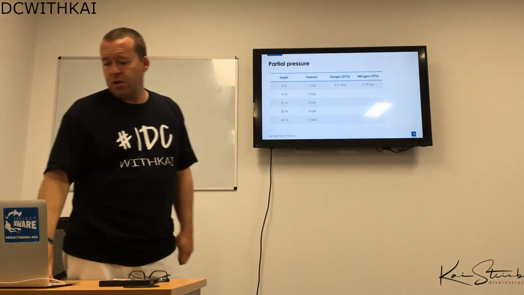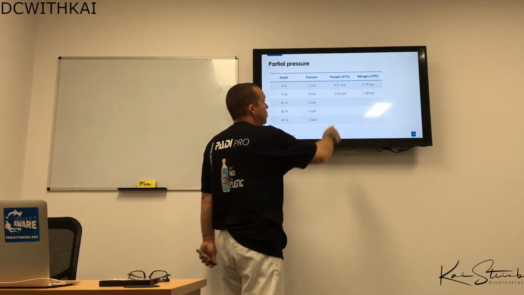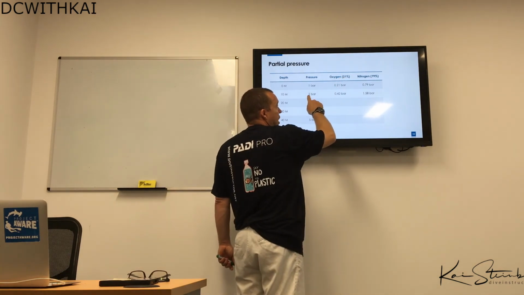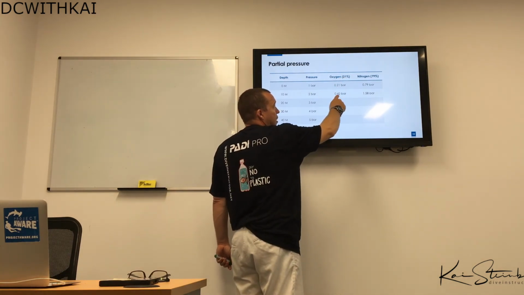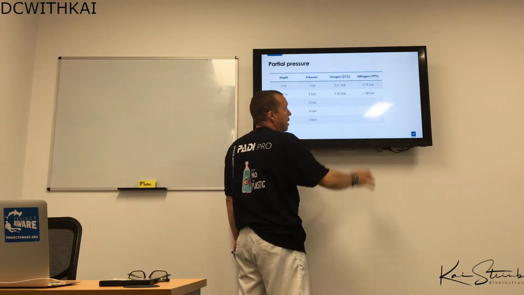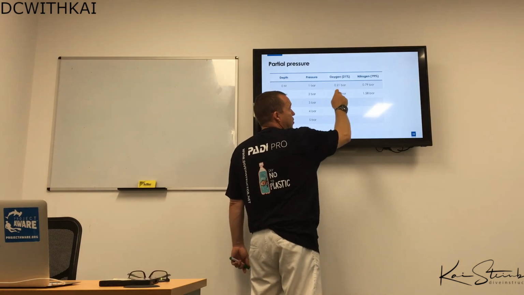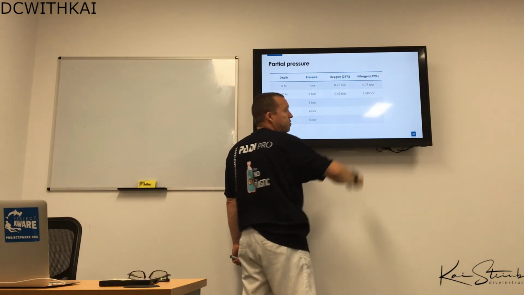At 10 meters, 21% of 2 bar is 0.42 bar, and 79% of 2 bar is 1.58 bar. Add these two together, you have 2 bar. But this is the partial pressure of oxygen, this is the partial pressure of nitrogen.